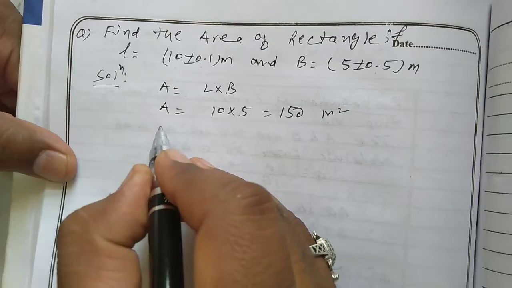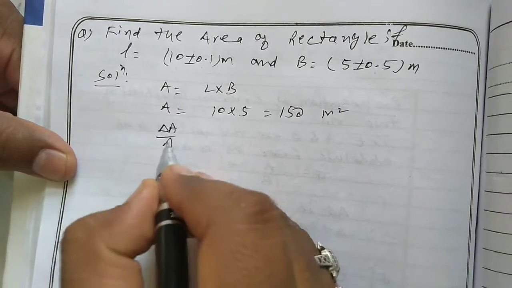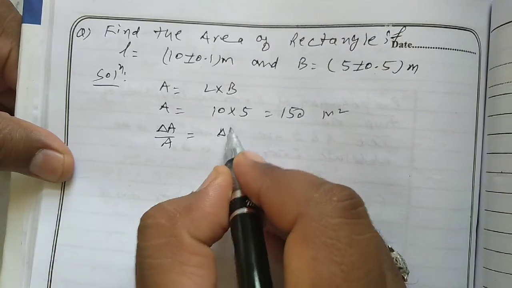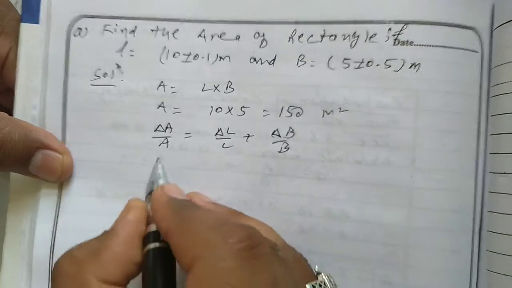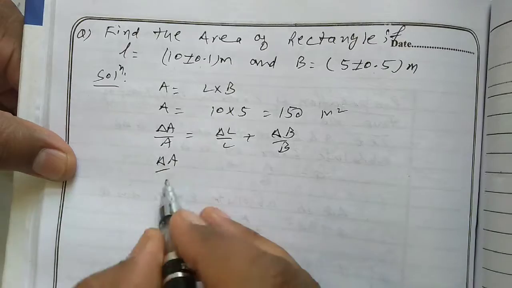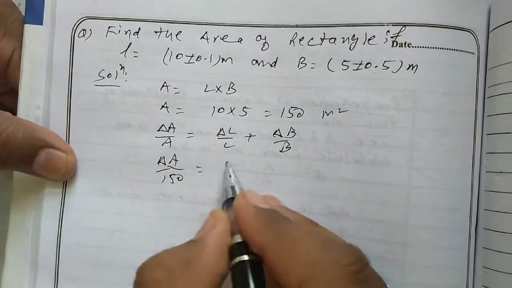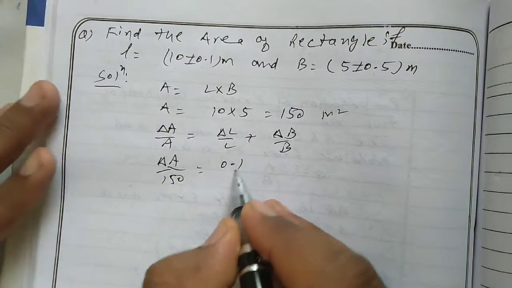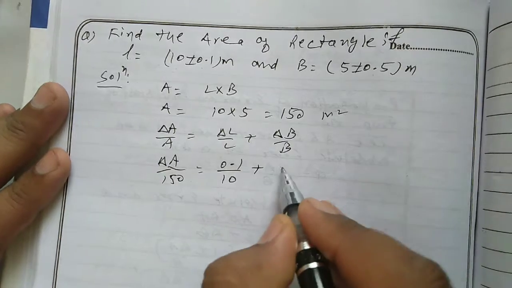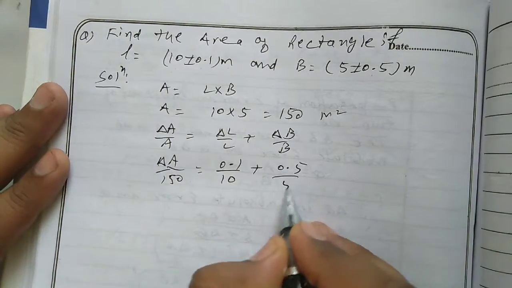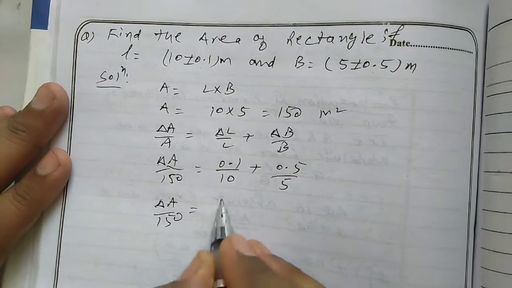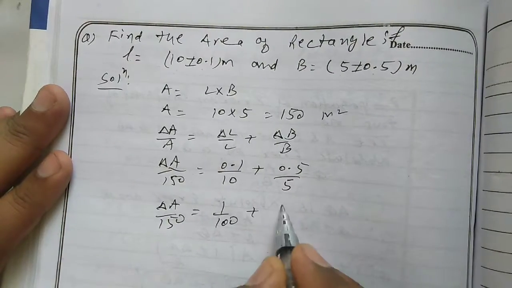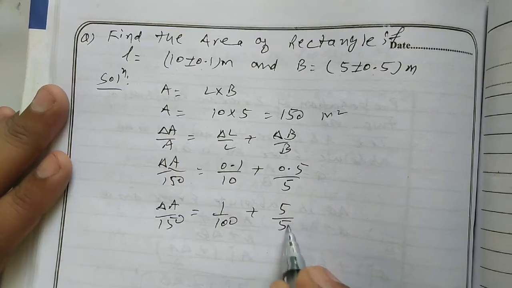Now relative error delta A upon A equals delta L upon L plus delta B upon B.